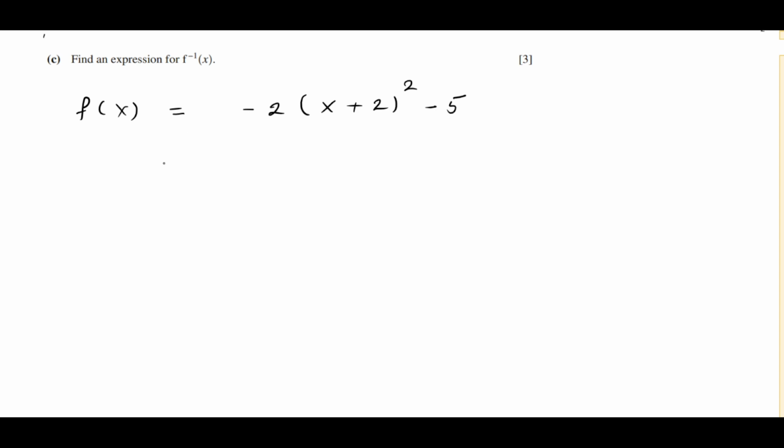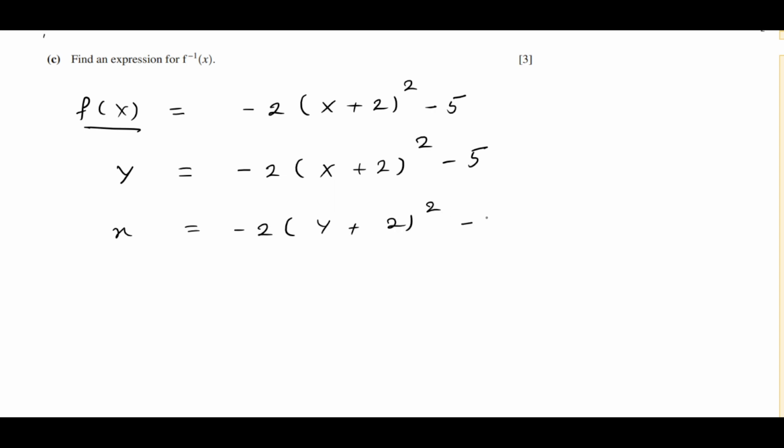Now to find f inverse x, I will replace this fx by y. So y is equal to minus 2 times x plus 2 the whole square minus 5. Then I interchange x and y values. So x is equal to minus 2 times y plus 2 the whole square minus 5.